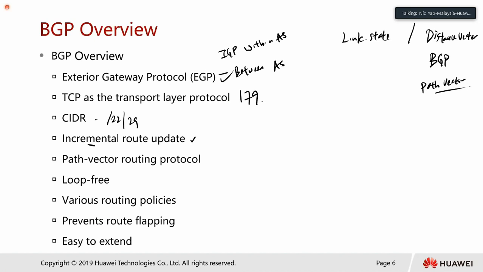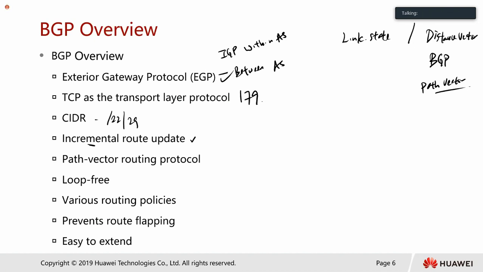So when I have changes to my route, I can just provide the incremental update to you. I will not share the entire table with you. I just share whichever has changes and give it to you. Okay, that is better compared to RIP. RIP just shares the routing table updates. They are not doing incremental updates.